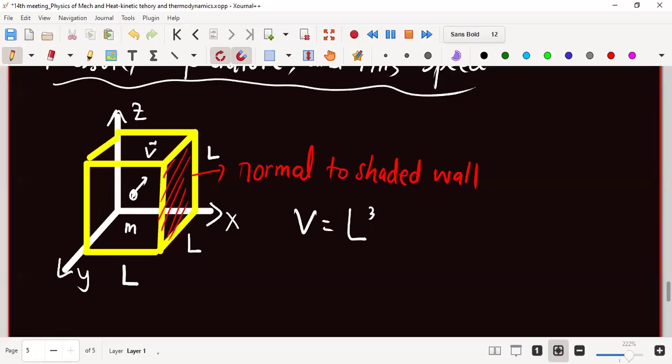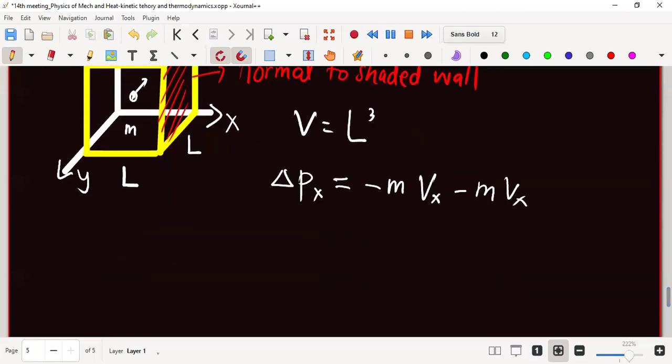So we can get the momentum change, delta P, the difference of momentum. We can imagine the x-axis first. This is minus m Vx, because the collision is elastic. So delta P, the difference of momentum in the x-axis, is minus 2m Vx.